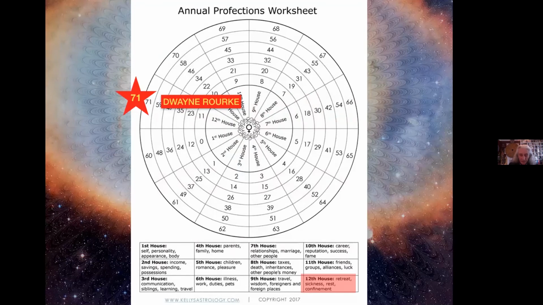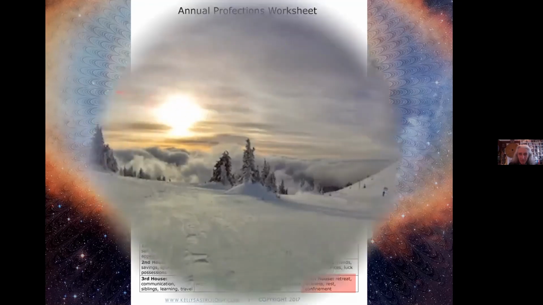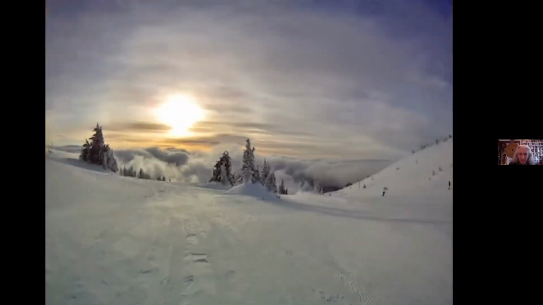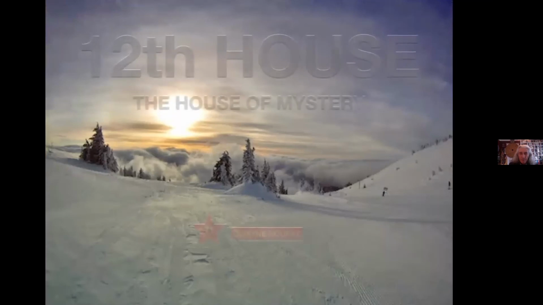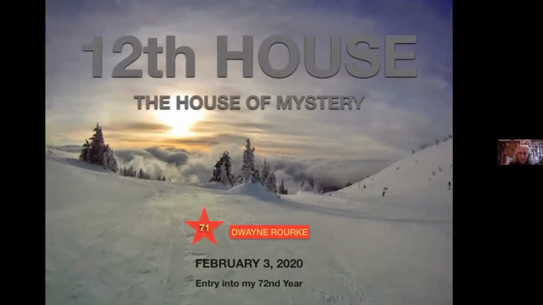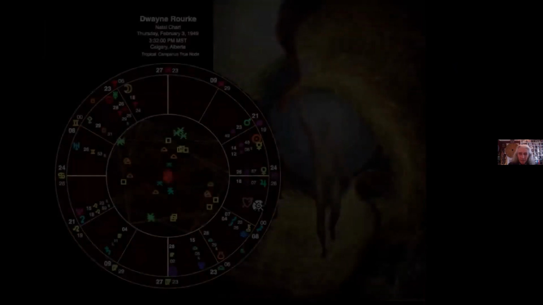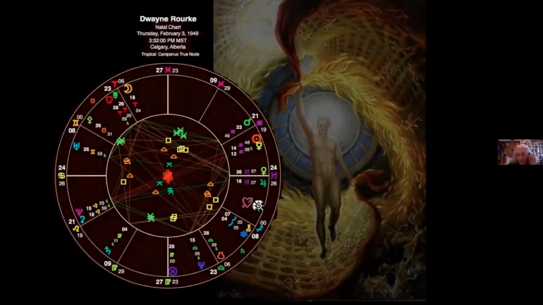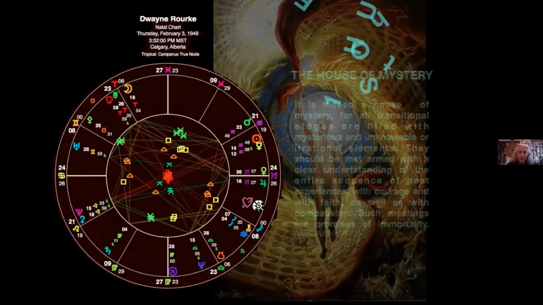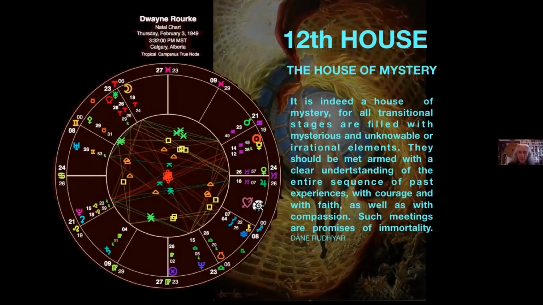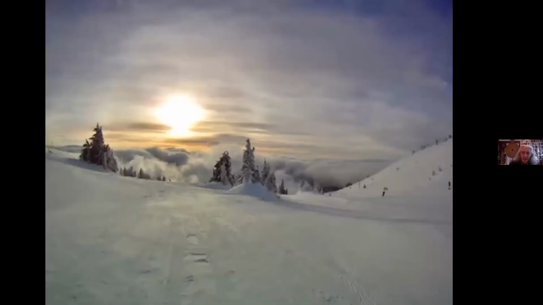The 12th house is often associated with keywords like the house of mystery. And that was a little retreat spot that I go to periodically in the high alpine. And that was my birthday, where I was on my 71st birthday.